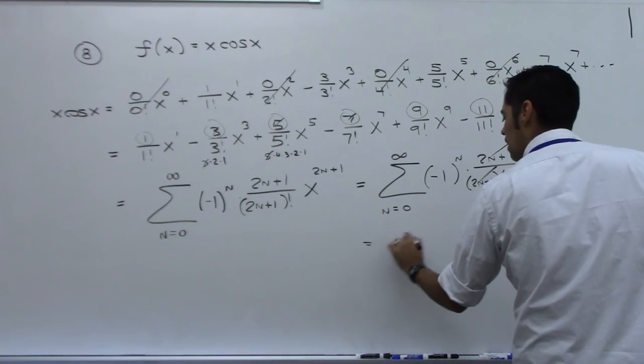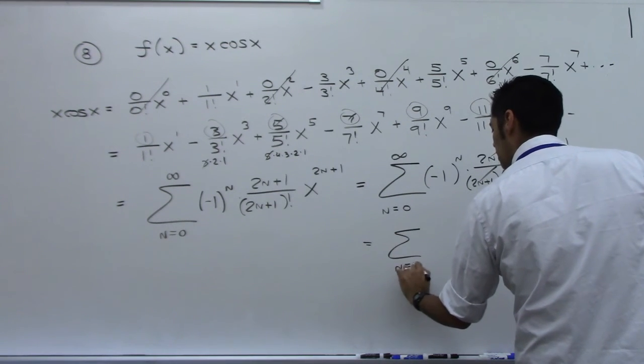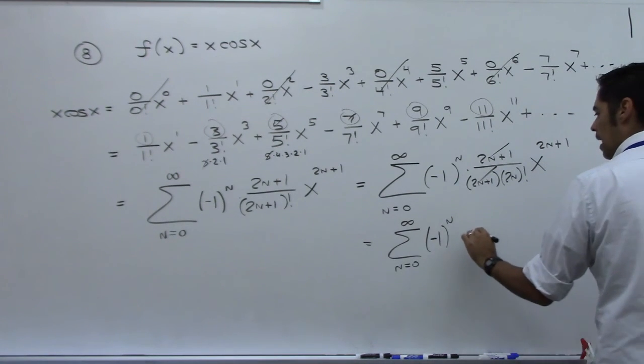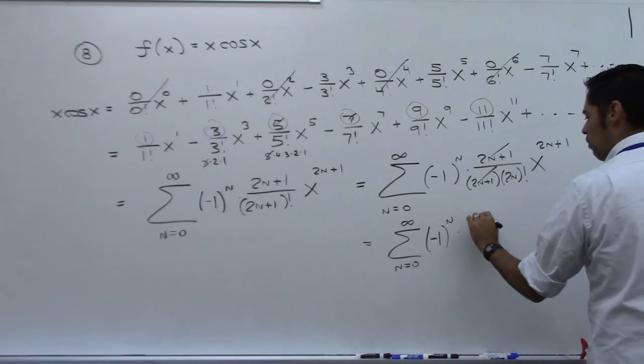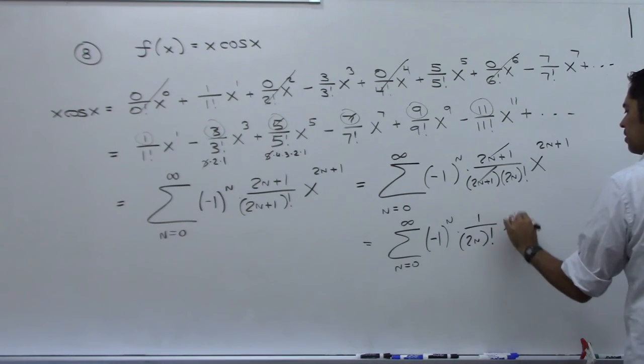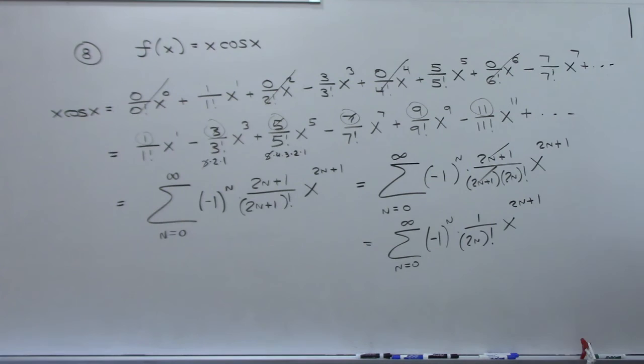So we get the sum from n equals 0 to infinity, negative 1 to the n, and then that cancels, so I have 1 over 2n factorial x to the 2n plus 1. Ratio test on this, if you did it, the radius would be infinity.